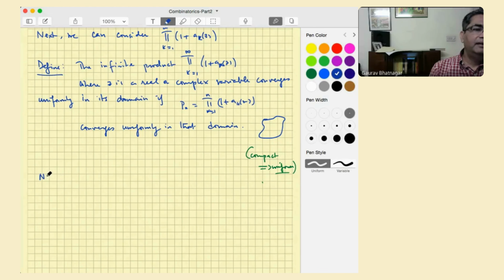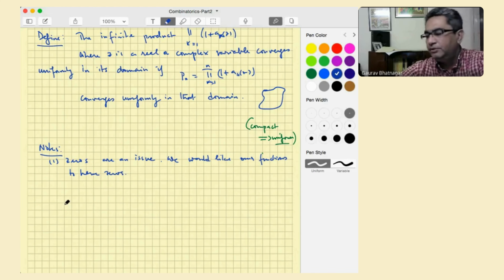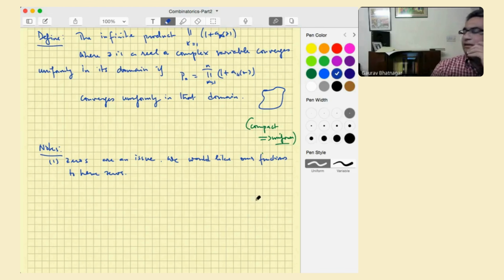And again, zeros. So now zeros, we want our functions to have zeros. Zeros are an issue. We would like functions with no zeros. I mean, you're studying that in complex analysis.